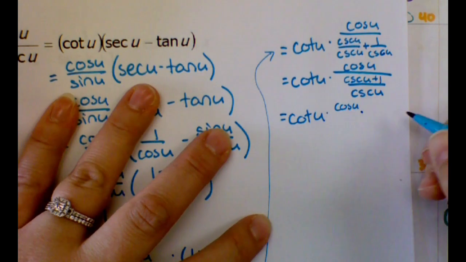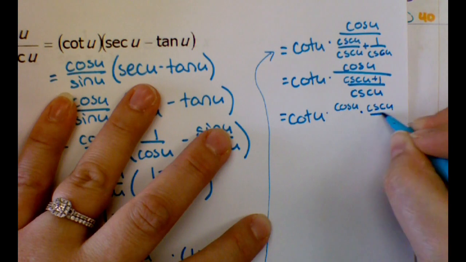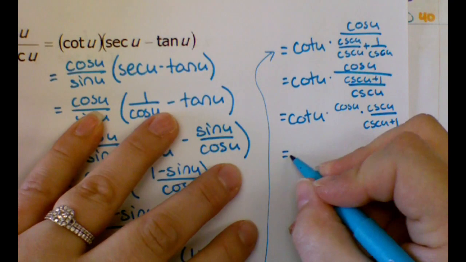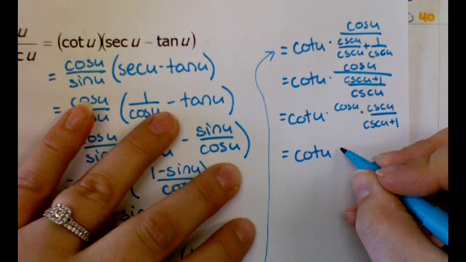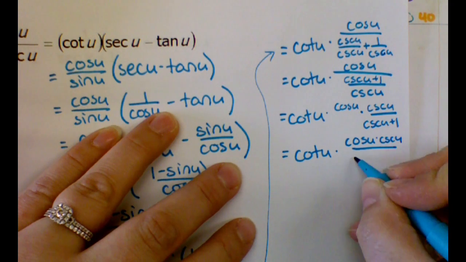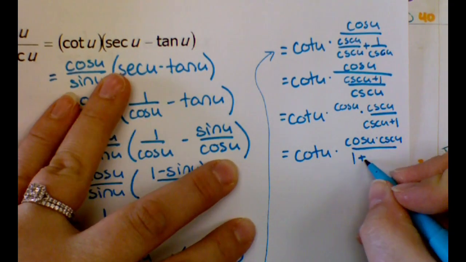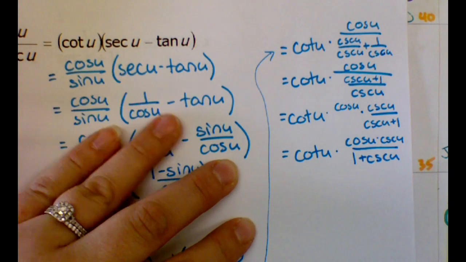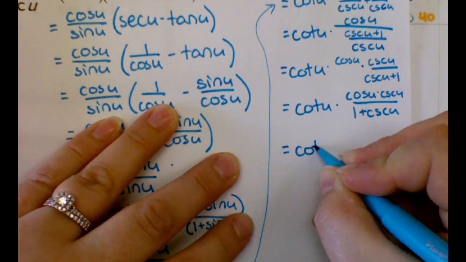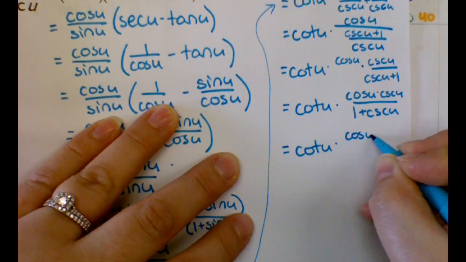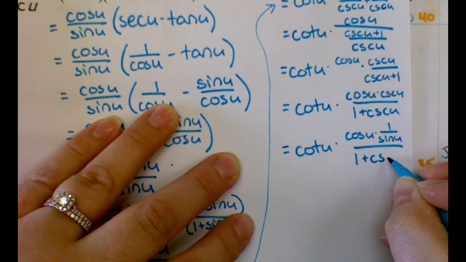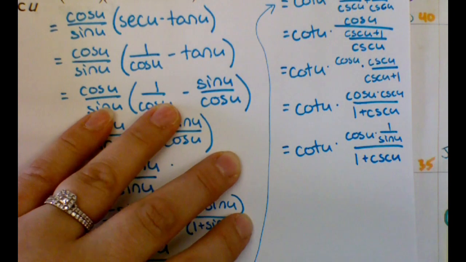Cosine of u multiplied by the reciprocal of that denominator. And now I have cotangent of u times cosine of u times cosecant of u over, I'm just going to flip that around real quick, 1 plus the cosecant of u. And now, cosecant, this one in the numerator, I'm going to change into 1 over sine. Because I want to keep the one in the denominator because that's what I'm trying to get to.